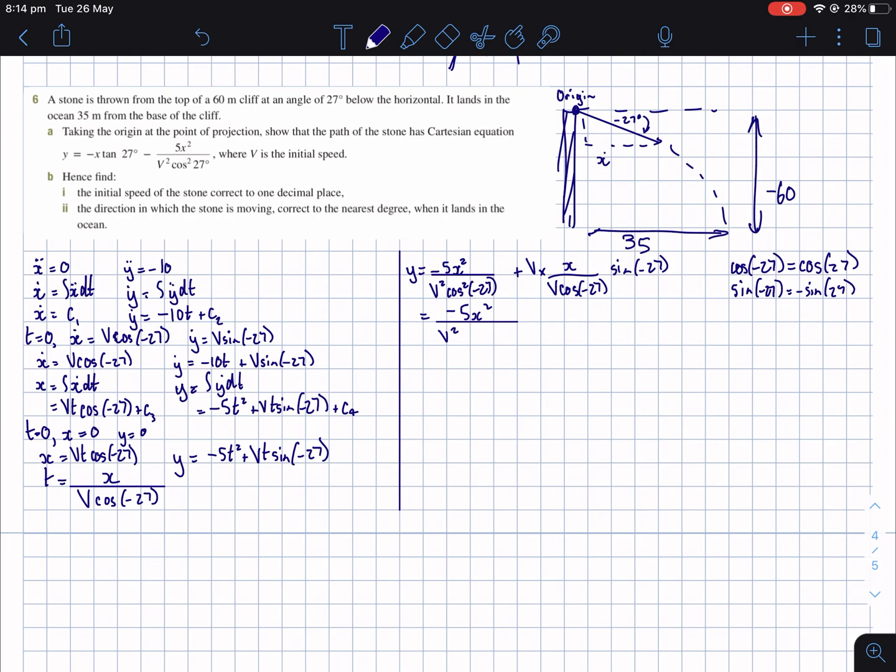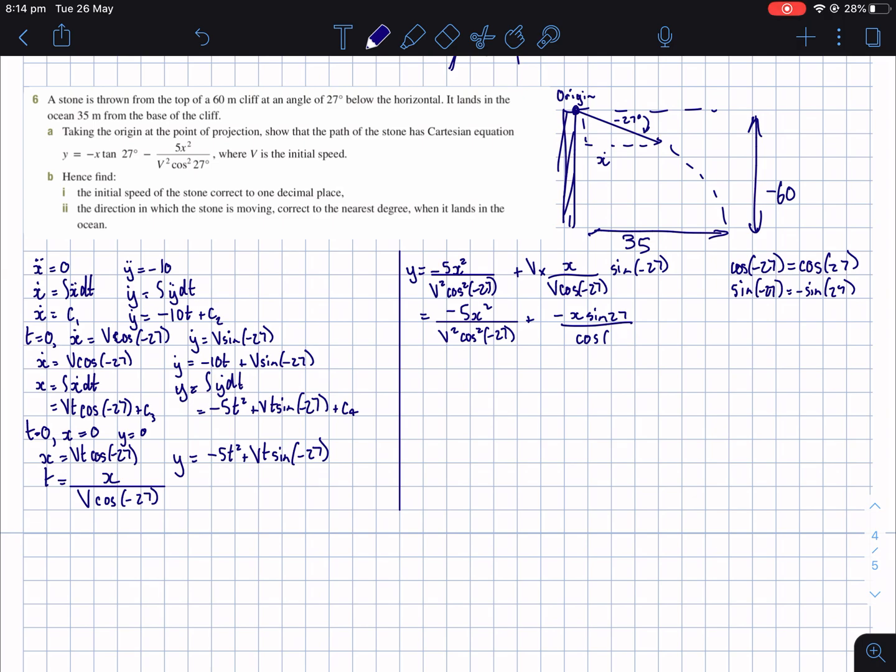So I've got v squared cos squared negative 27 plus, well, my v's cancelled out, and I had, so that's negative x sine 27 on cos 27.